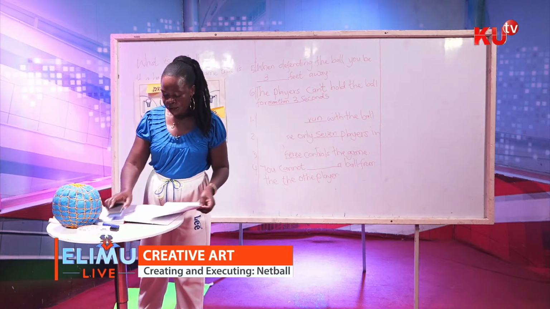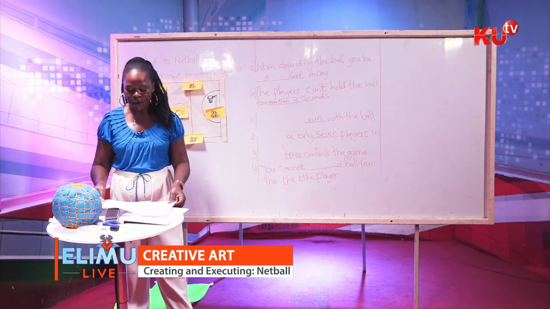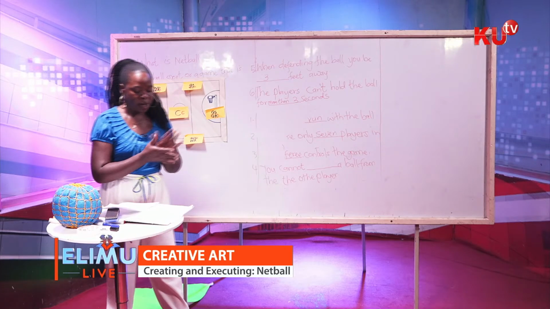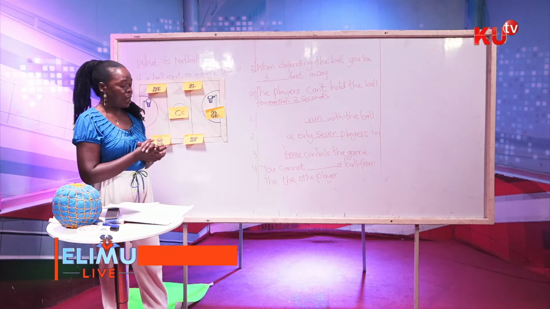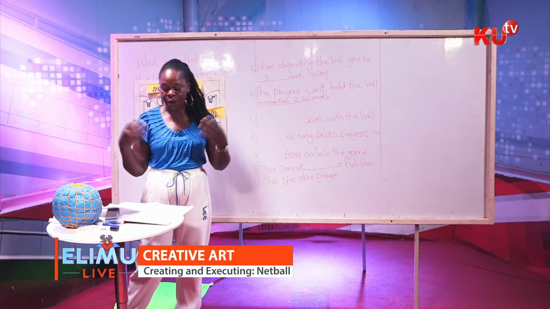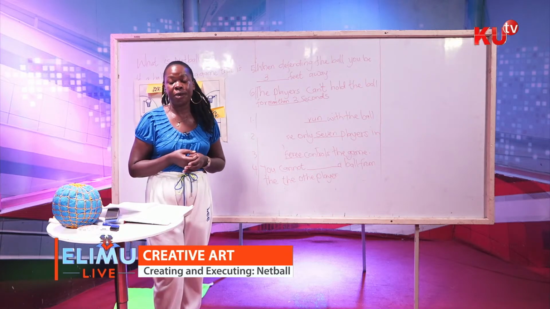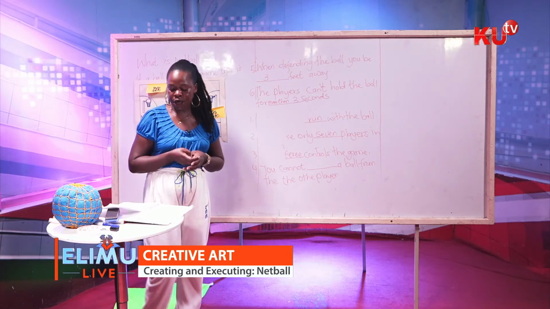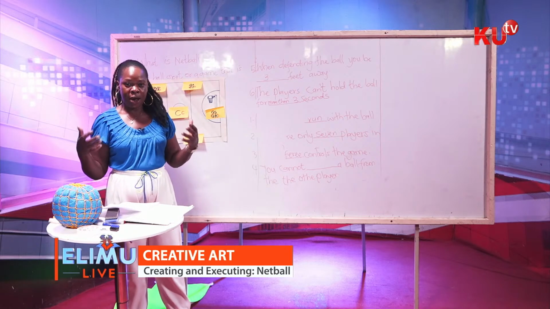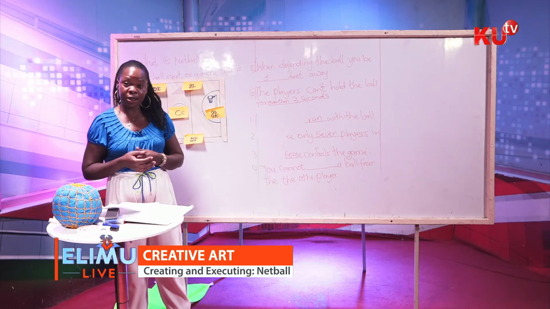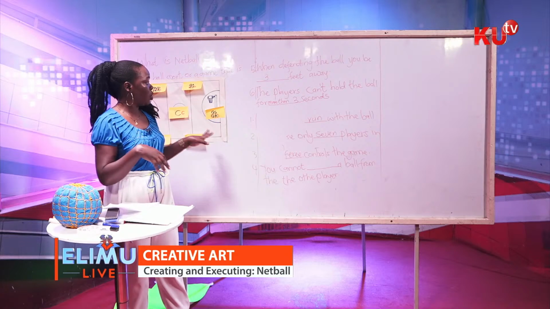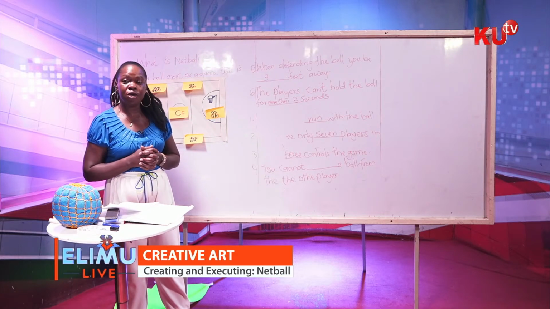Okay, just to take a little recap of what we are learning today. We are learning about netball, and I said that netball is a ball sport or a game that is played by 2 teams. Each team will bring 7 players, and then within the netball court, we need a total of 14 participants.